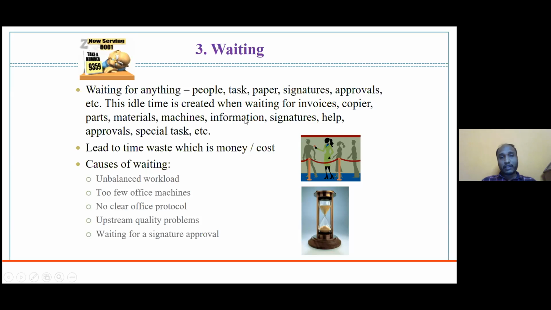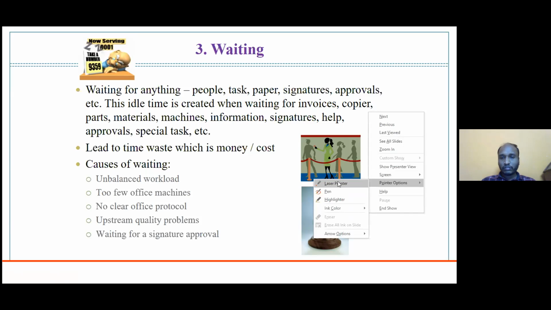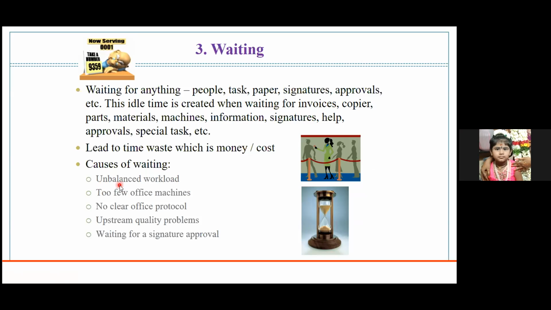So instead of making unnecessary waiting, we have to make some system in our area, so the waiting time will get reduced. These are the causes of waiting: unbalanced workload, too few machines, no clear office protocol, upstream quality problems, waiting for a signature approval.